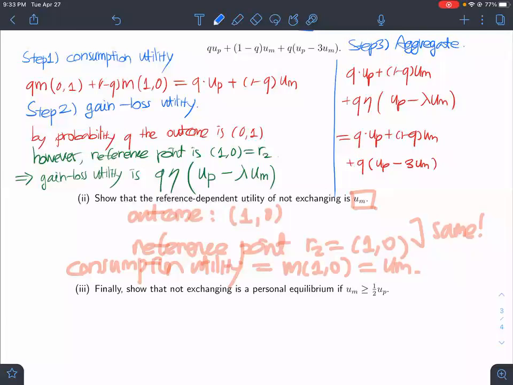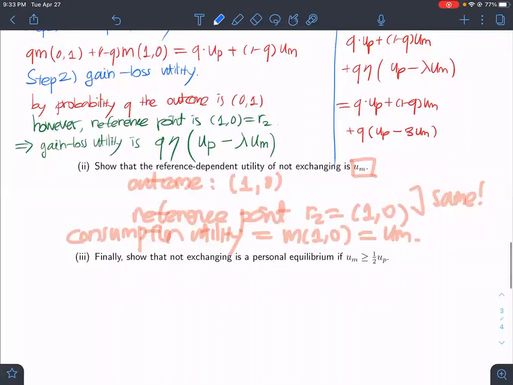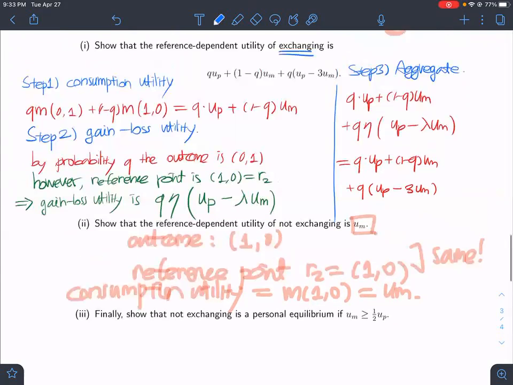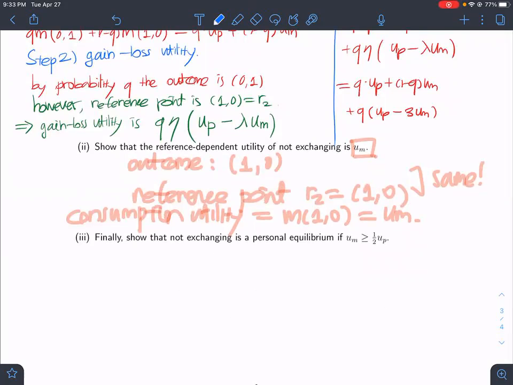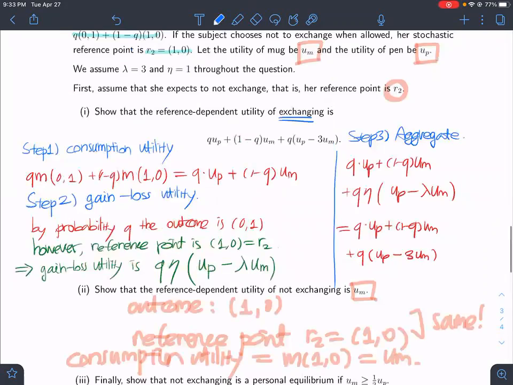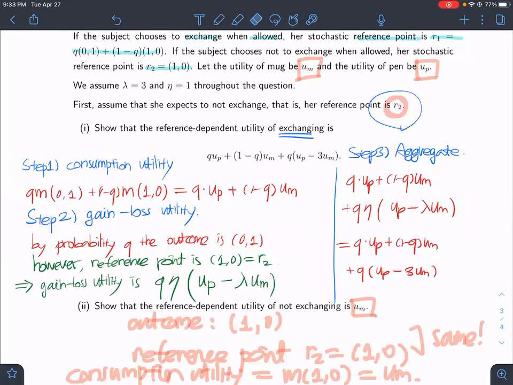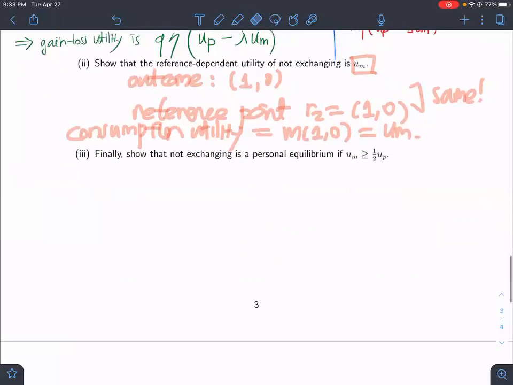Finally, show that not exchanging is a personal equilibrium. Using this reference dependent utility, it is better to not exchange under this reference point R2. And then find such conditions to make that happen.